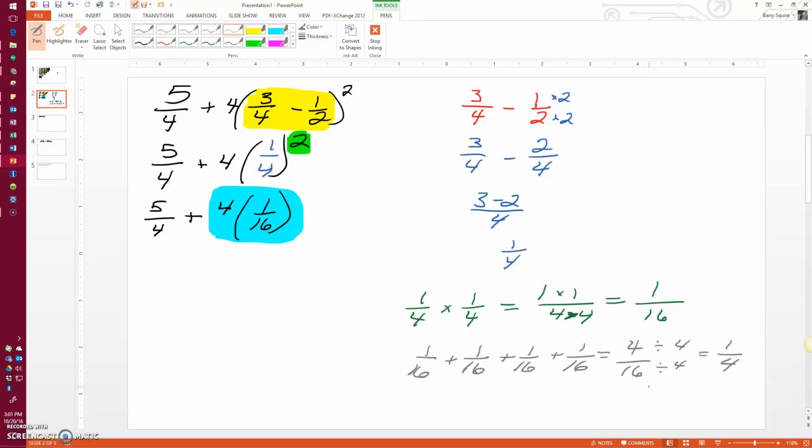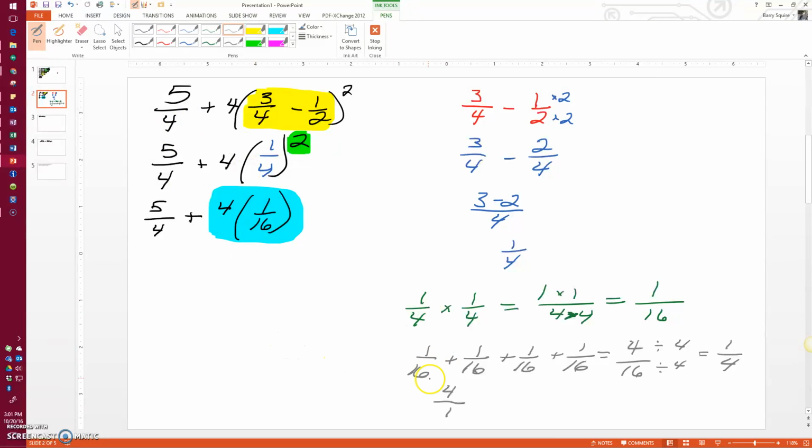Well, multiplication is a shortcut. And we've got this whole number, and what we can do is put it over 1, because this is actually saying 4 divided by 1. How many times can 1 go into 4? Well, that's 4. So 4 over 1 is the same thing as 4.